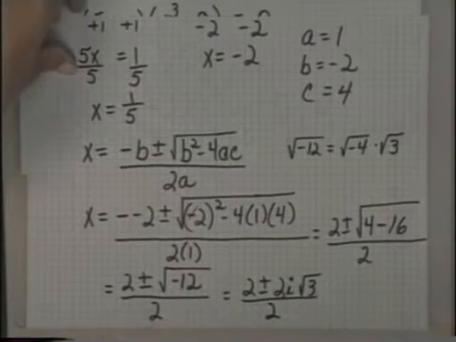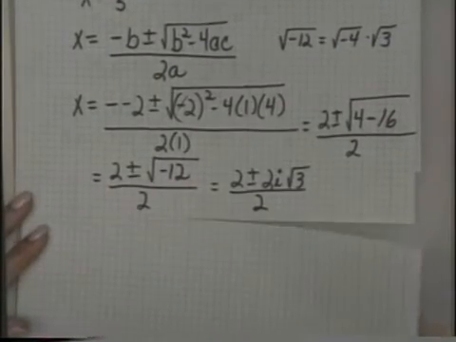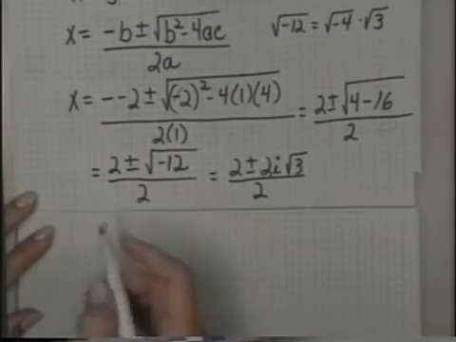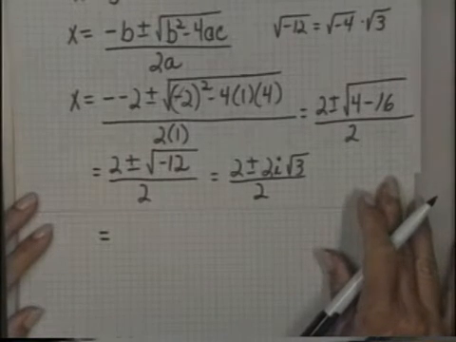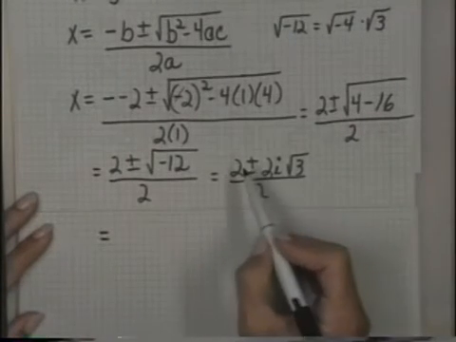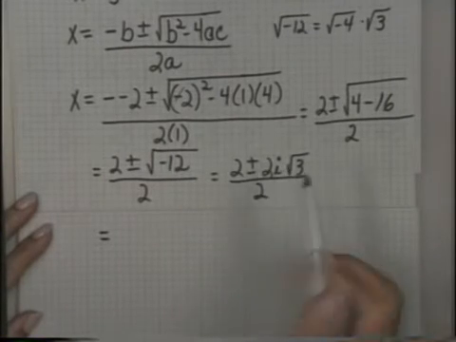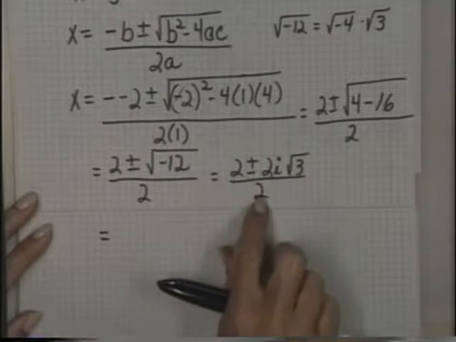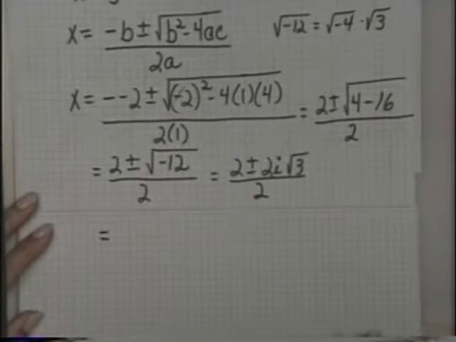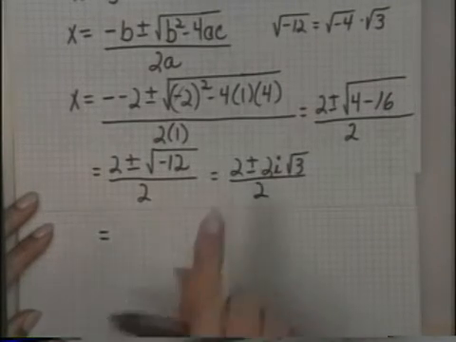Now we want to reduce our fraction. We have simplified that radical. Can we reduce the fraction? Well, do we have a common factor? Remember that this numerator is two separate terms. We have a common factor of 2, don't we? And since the denominator has a factor of 2, we do have a common factor.